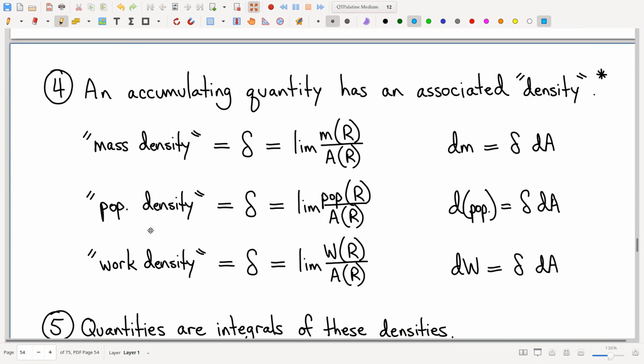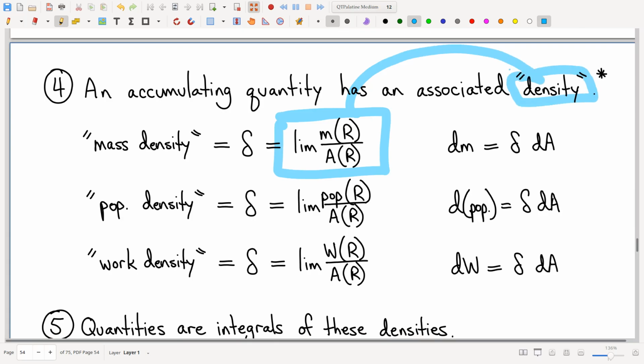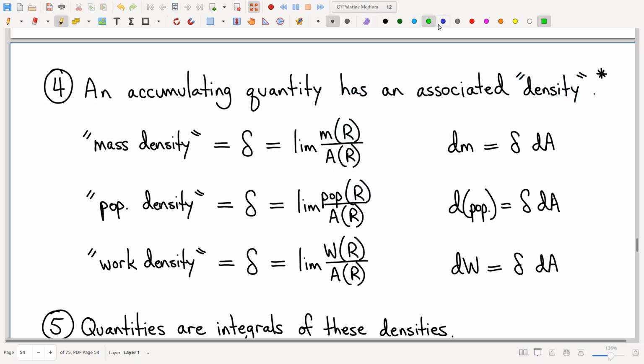That noted, and again, this is going to seem a little weird, this idea of density, right? Mass per unit size. We've understood density previously as mass per unit size. Mass per unit area, if we're talking about it being distributed over areas. Well, this numerator can be any accumulating quantity.